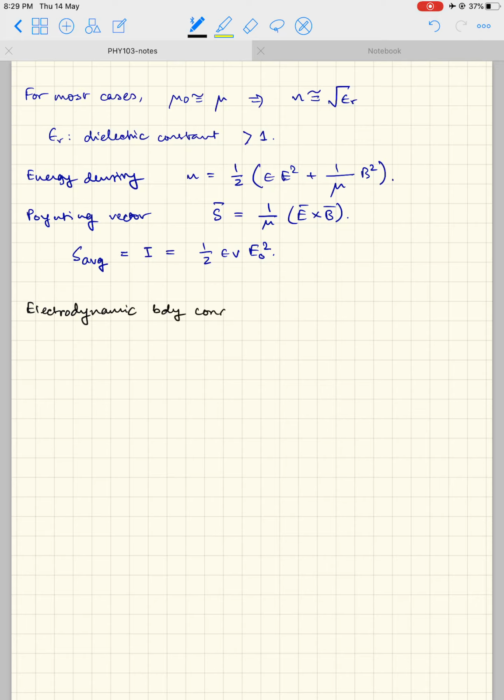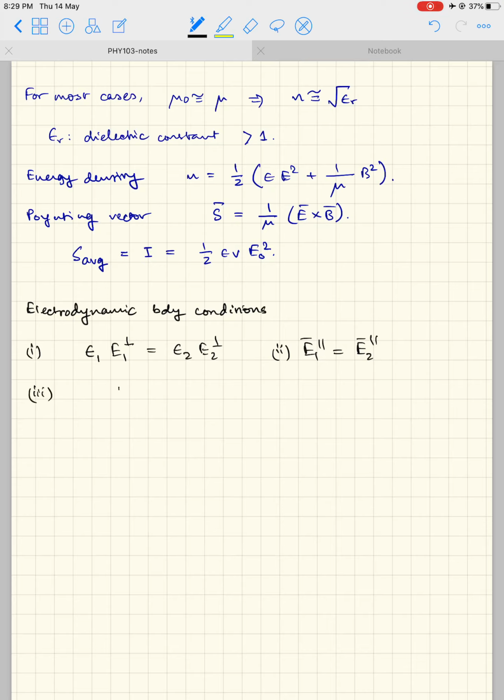If you have two media, then there is going to be E1, so that's 1, let's call that 2.